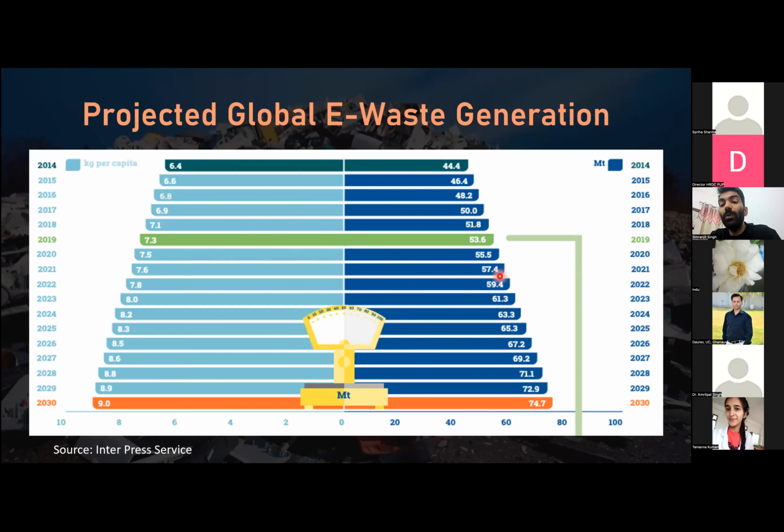But actually, due to COVID, e-waste increased and we are close to 59 right now. So these projections are even more dangerous, because COVID and people beginning to use more e-gadgets is just going to make this problem worse. This side is in metric tons, this side is in kg per capita, but as you can see, the trend is in the same direction.